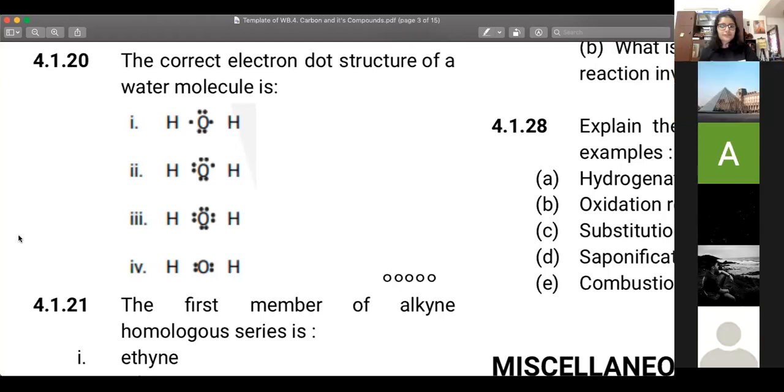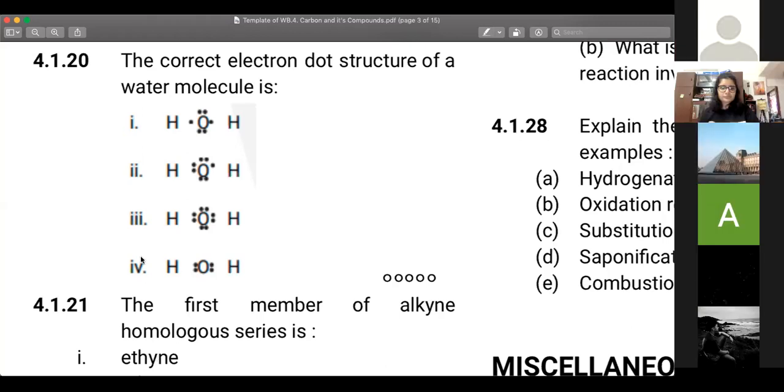So that way also you can eliminate some of the options and figure it out. So the correct answer for this would be option 3.